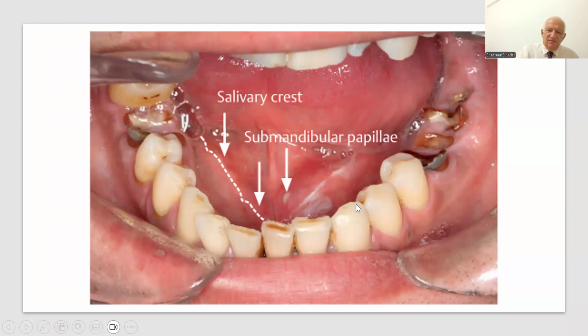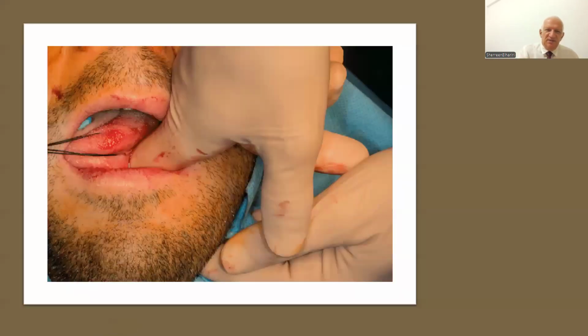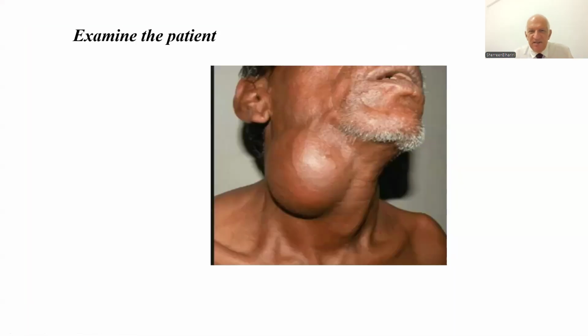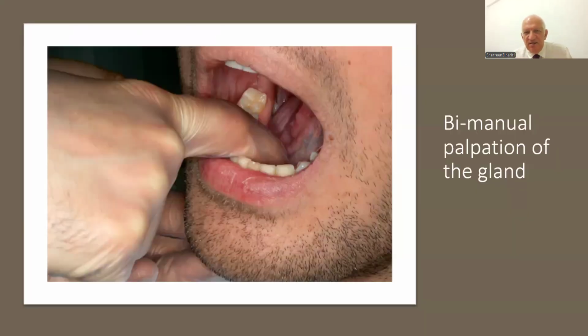So inside the mouth, you did two things: manual examination and inspection. You can do inspection first from inside with tongue depressor and light source, and after that manual. So inspection from outside and inside, and palpation of the gland from inside and outside.